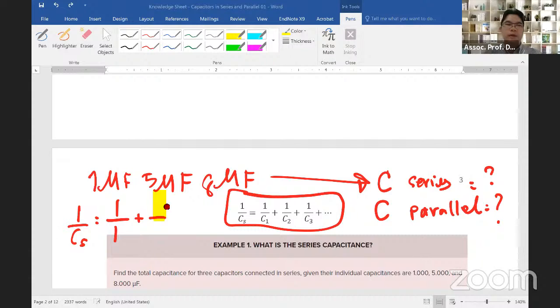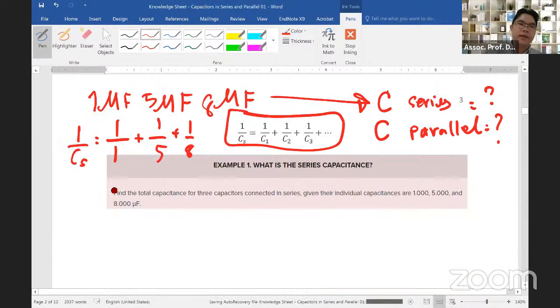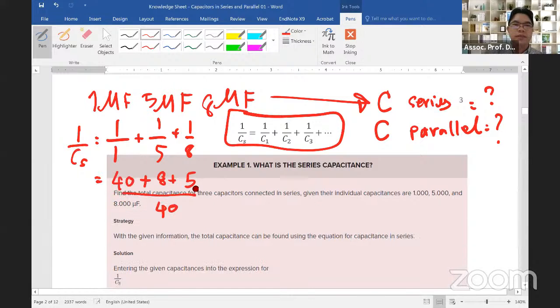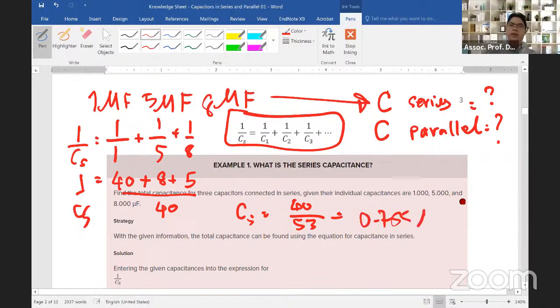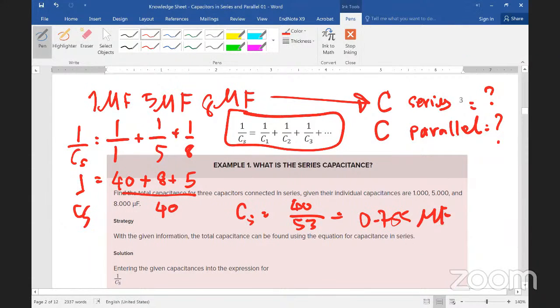And then you make it like 40 over 5, and then you get CS equal to around 0.75.